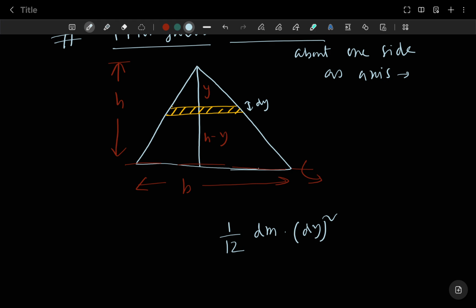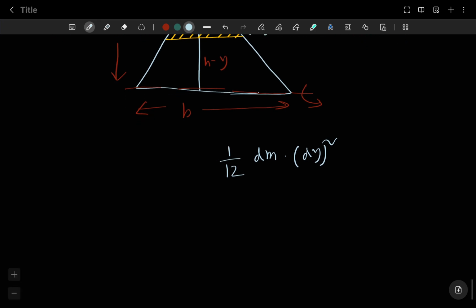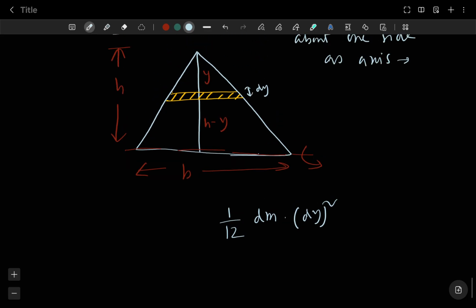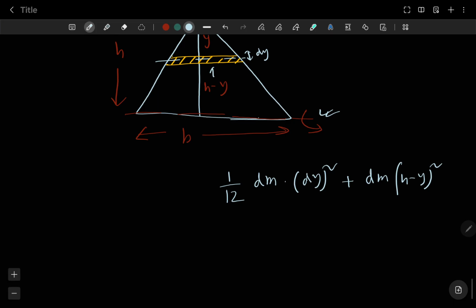So now if I know the moment of inertia of this rectangular lamina about this axis, then by parallel axis theorem I can calculate the moment of inertia of this lamina about this axis. So it will be plus dm into h minus y square, the perpendicular distance between these two axes being h minus y.